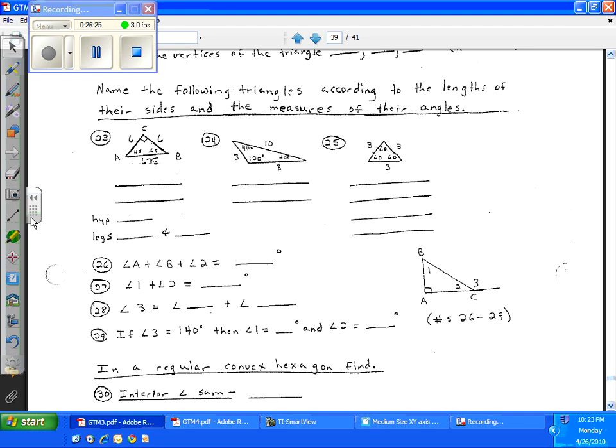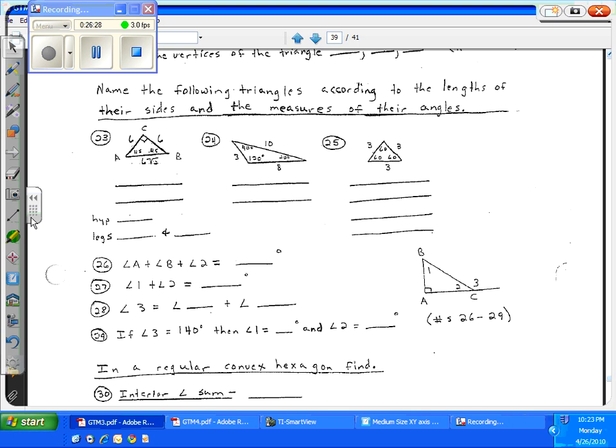So, number 23, we have a triangle with two equal sides. That makes it isosceles. It has one right angle, so that makes it a right triangle. And so we have an isosceles right triangle. Remember that in a right triangle, the side across from the right angle, the larger side, is called the hypotenuse.